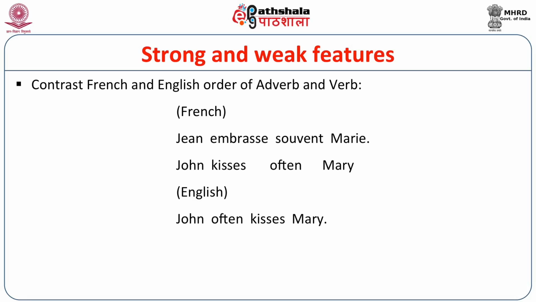In French, I won't read the French sentence, but the order is John kisses often Mary. That's the only possible order. John kisses often Mary. The verb precedes the adverb. In French, the verb precedes the adverb, unlike in English. How do we account for this parametric difference?